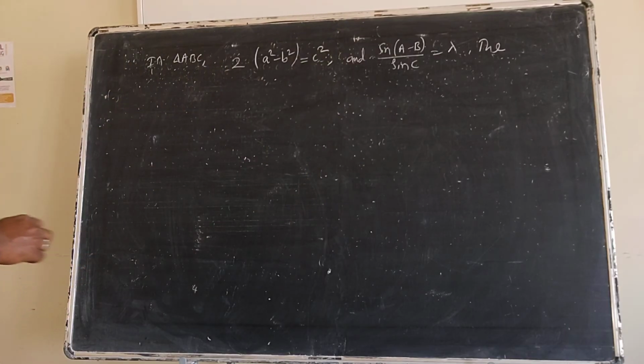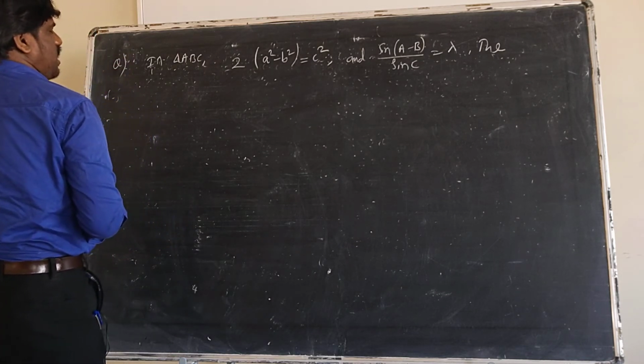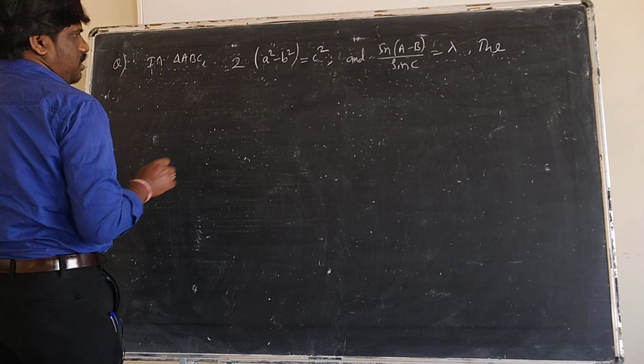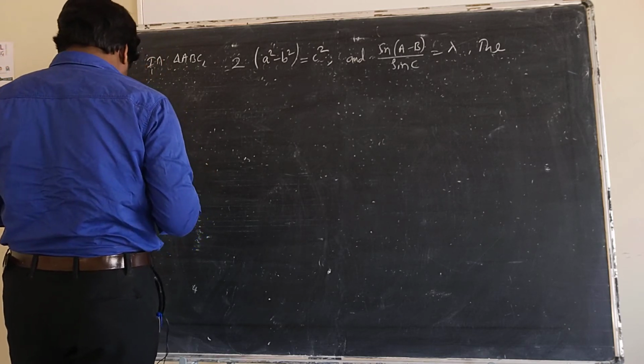So let's see another JEE question. In triangle ABC, 2 times of a square minus b square equal to c square, and sine of (a minus b) divided by sine c is equal to lambda.